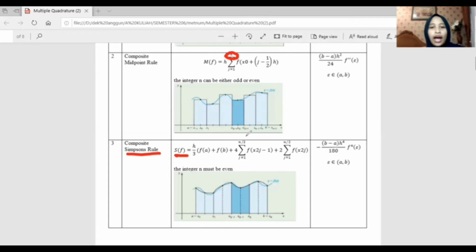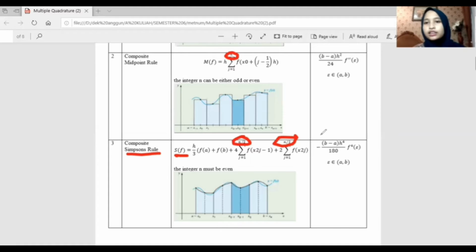And the integer N here must be even, so we cannot use odd. We have to remember that Simpson's rule is different from the midpoint rule and the trapezoid rule.